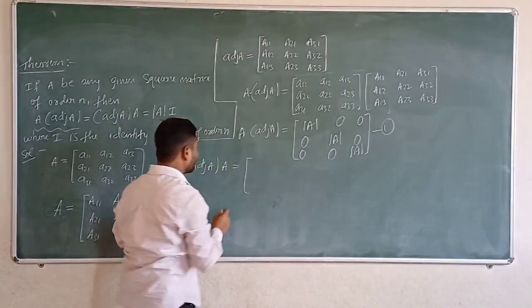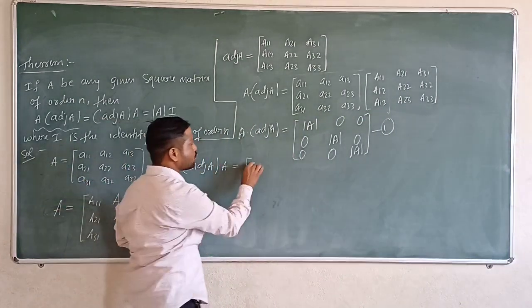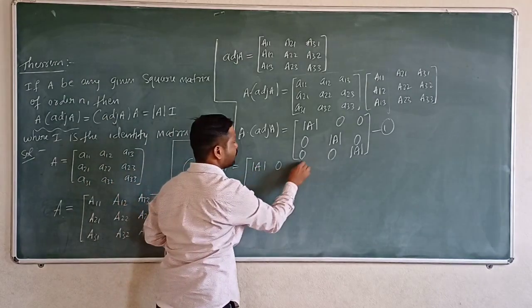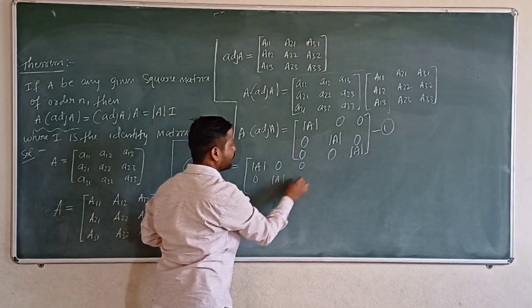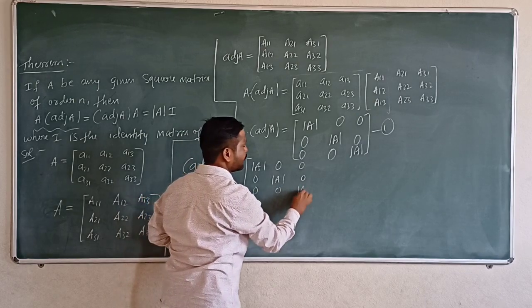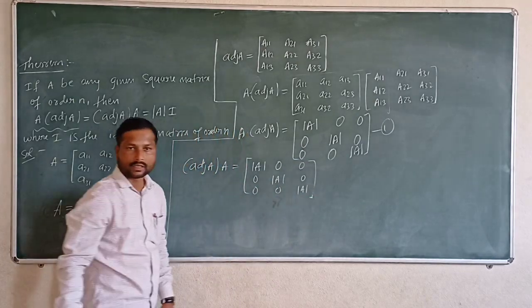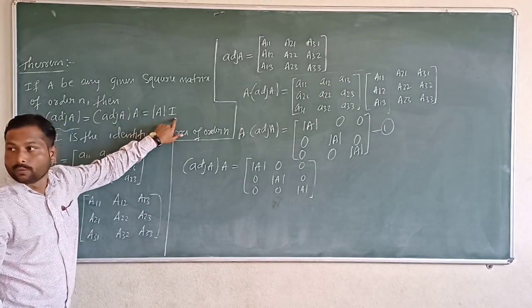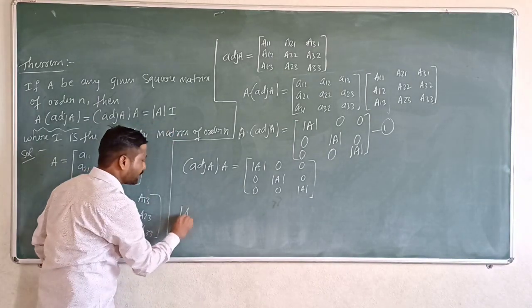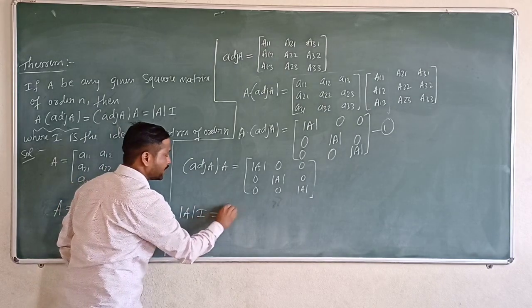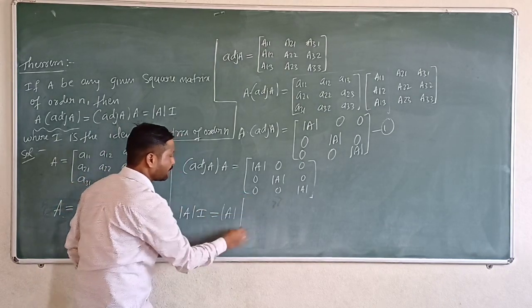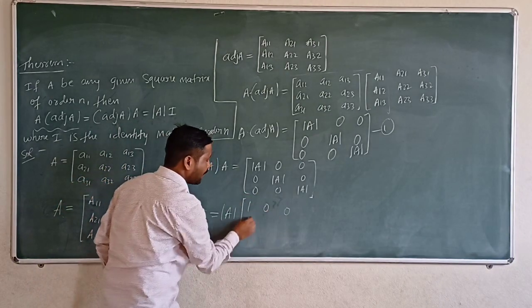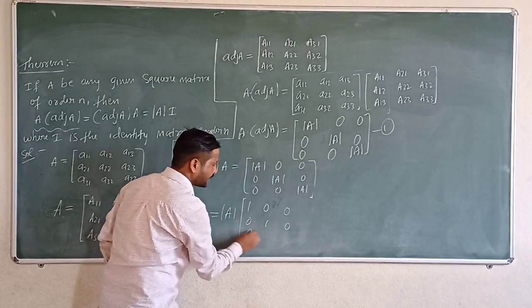Similarly, adjoint of A into A is equal to determinant of A 0 0, 0 determinant of A 0, 0 0 determinant of A now, right? The last one is determinant of A into I, meaning determinant of A as it is, times I, the identity matrix.